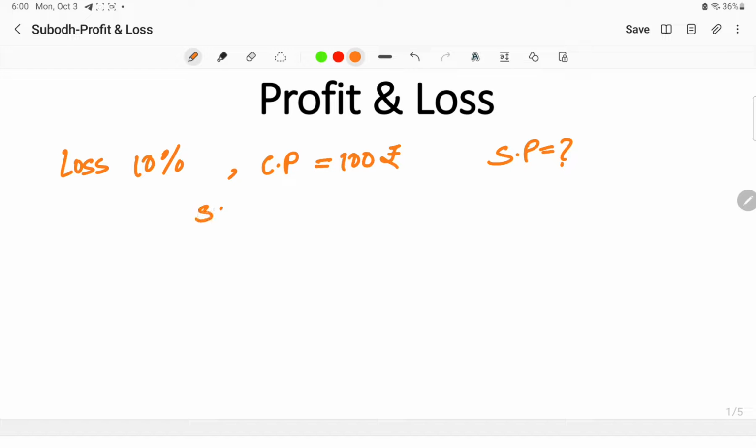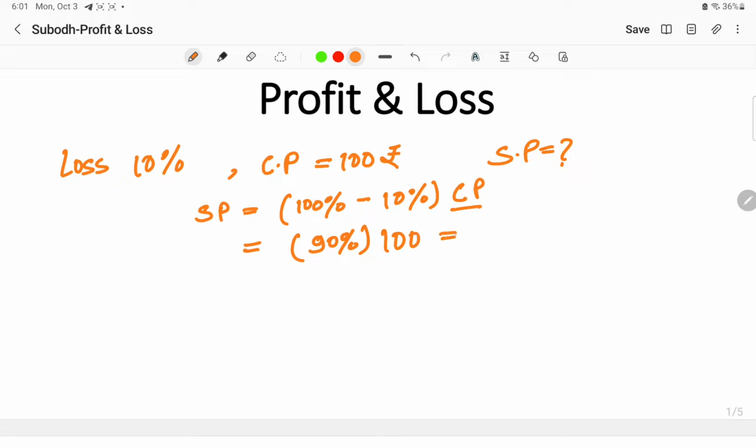So selling price equals 100% minus, here minus will come because it is a loss, minus 10% multiplied by cost price, so equals 90% and cost price is 100 rupees, that equals 90 upon 100 into 100. So 100 gets cancelled, it remains 90. So 90 rupees is the selling price.